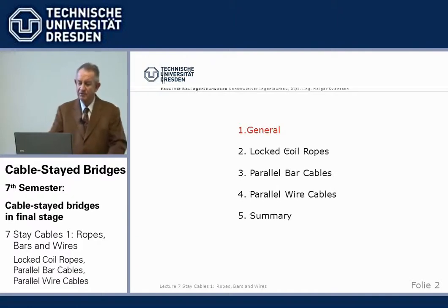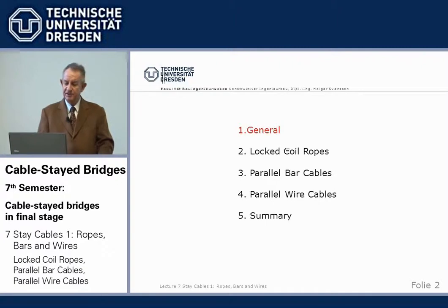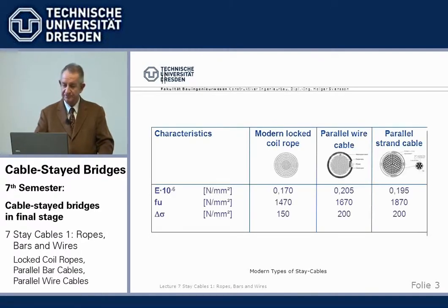We will go through the main types used: lock coil ropes, parallel wire cables, and in the second part of the lecture, parallel strand cables. In addition, there's a system of parallel bar cables, which is more interesting for historical reasons.